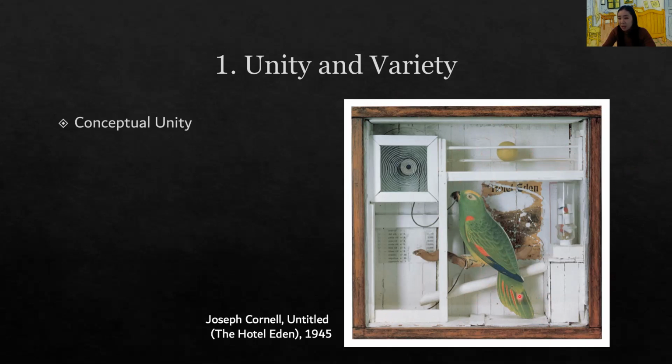It can just move in this cage. So the bird doesn't have any freedom, and the ball doesn't have any freedom either.